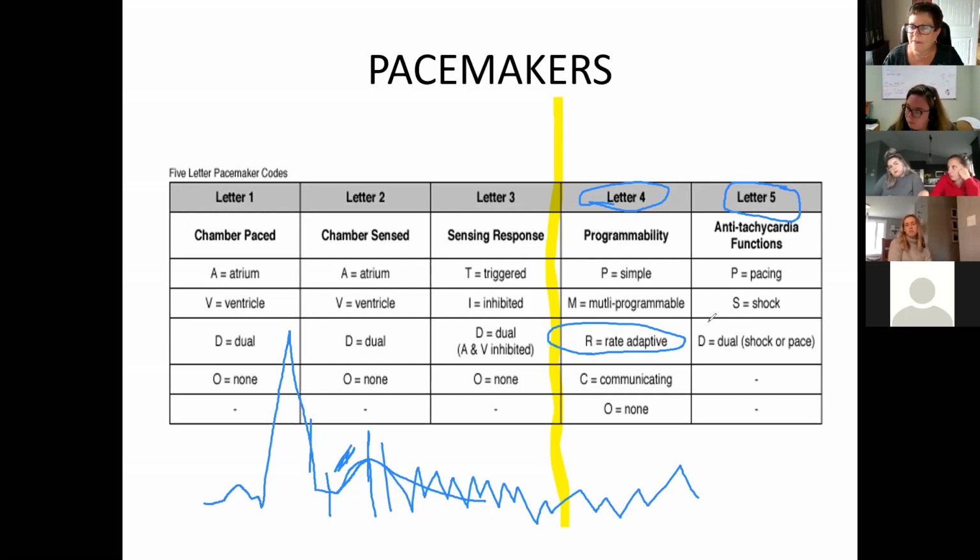And maybe I have a low ejection fraction and I'm at risk for sudden cardiac death. I get a 5th letter, which means it's a defibrillator, internal cardioverter defibrillator. So devices are complex. I really simplified it here, but just know that temporary pacing will always have 3 letters. A permanent pacemaker can have 3, 4, or 5 letters.